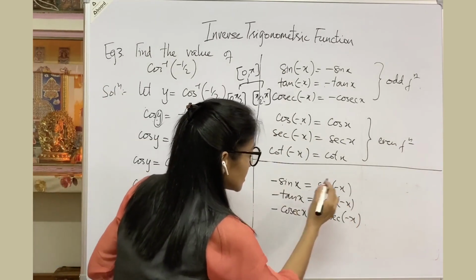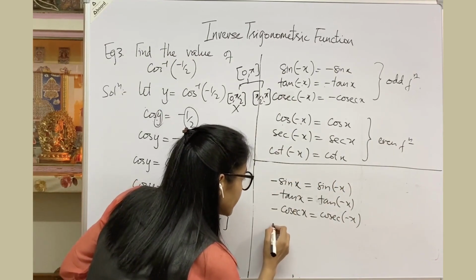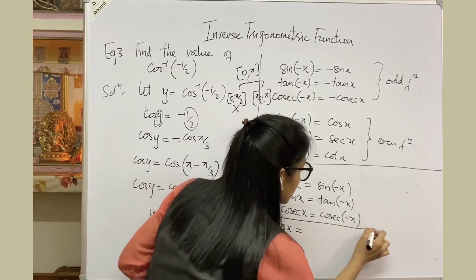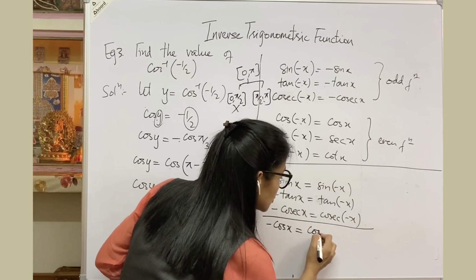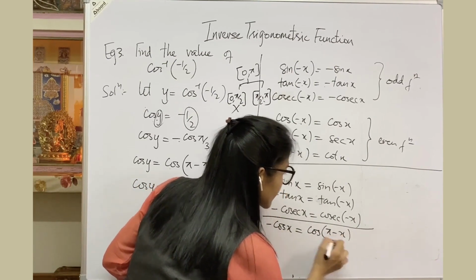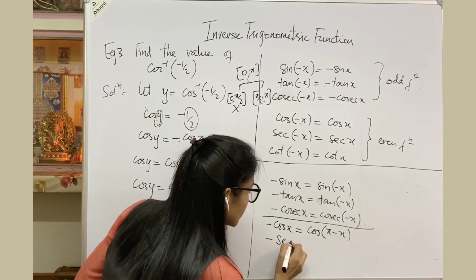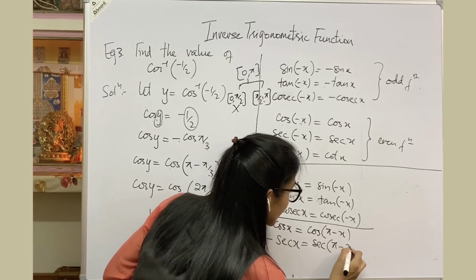These three you can categorize as one case. If you have negative cos x, then you will not take the negative inside. In that case, you will write cos of pi minus x. Similarly, if you have negative sec x, then you will write sec of pi minus x.